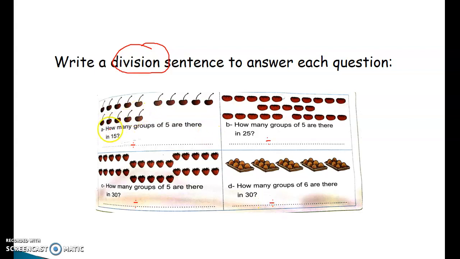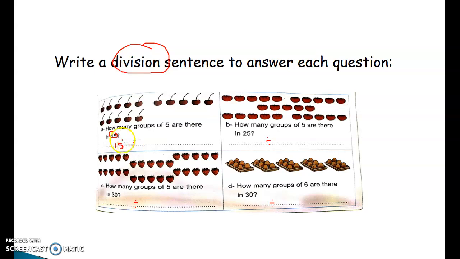Okay. The question is, how many groups of 5 are there in 15? 15 means the total number of fruits here is 15. In order to write the division sentence, you always have to start with the total number. What is the total number? 15. So we have to start with 15.